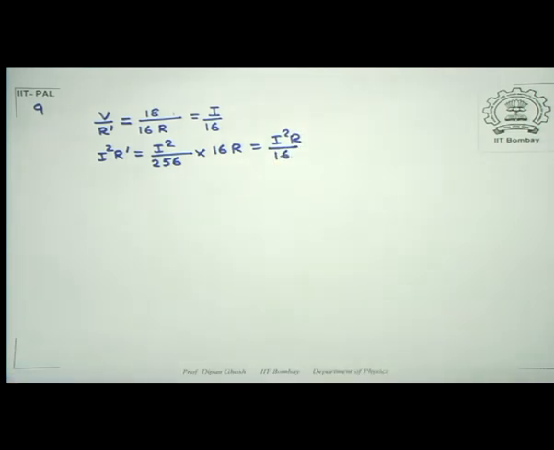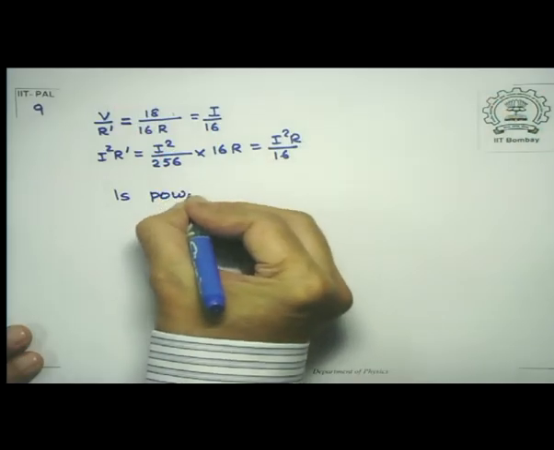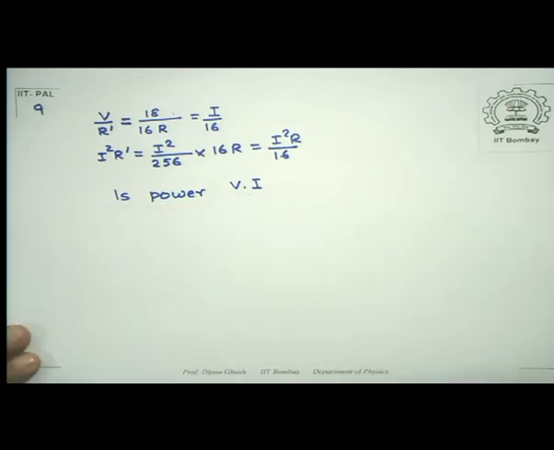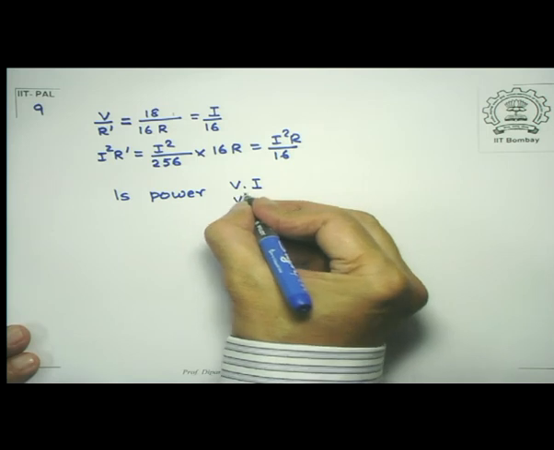Now the question is this: what frequently confuses people is which formula do I use? Is power V times I? Or since I is V by R, is it V square by R?